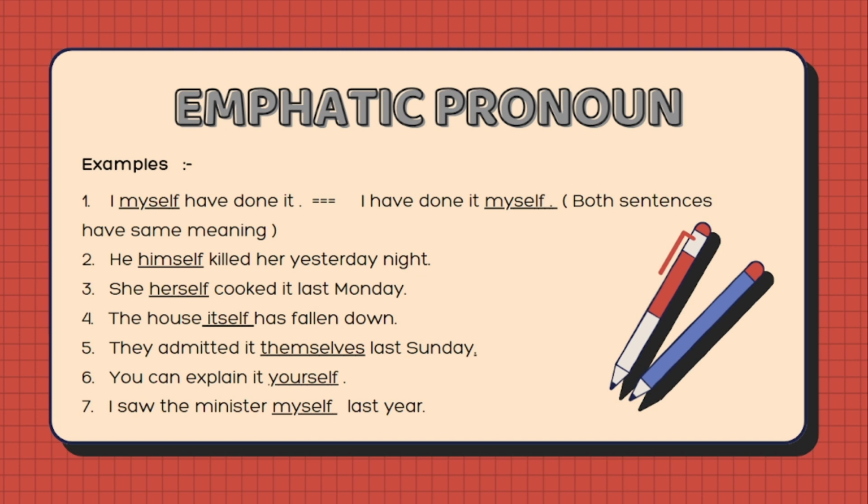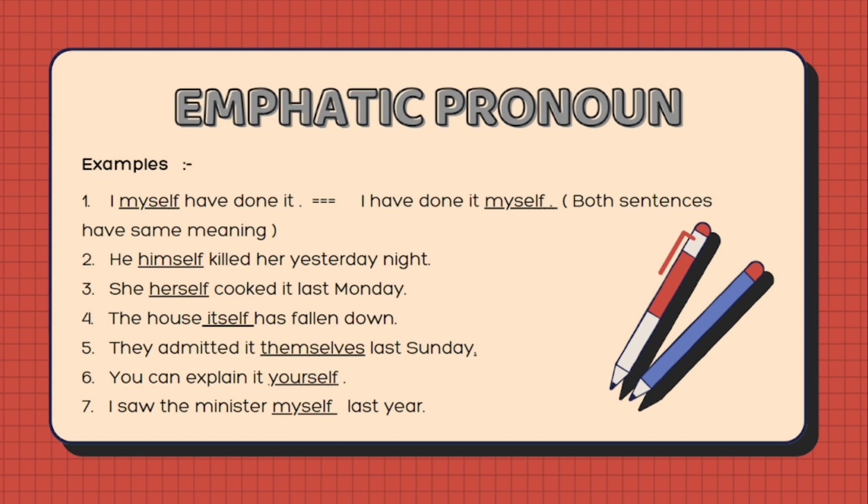Next, the seventh one: I saw the minister myself last year. In this sentence, I is the subject, saw is the main verb in the past simple, active voice, and the minister is the object. What is the meaning of this sentence? No one forced me to see the minister.